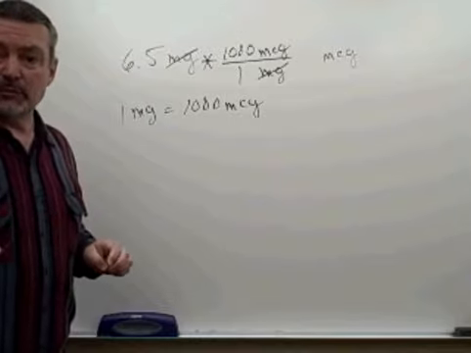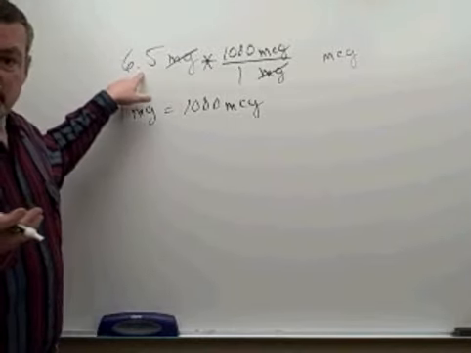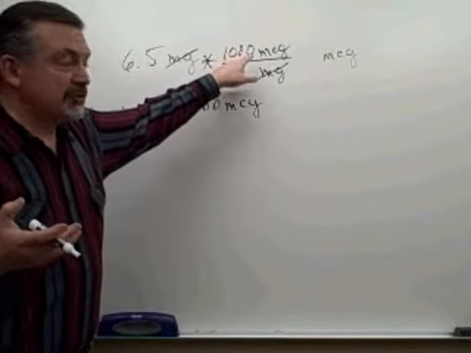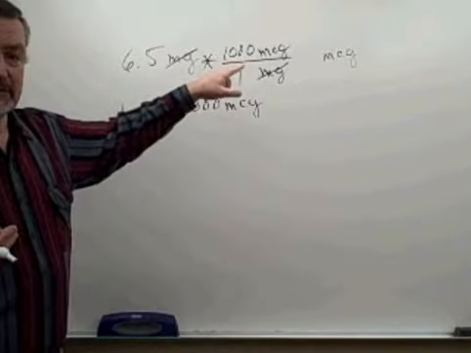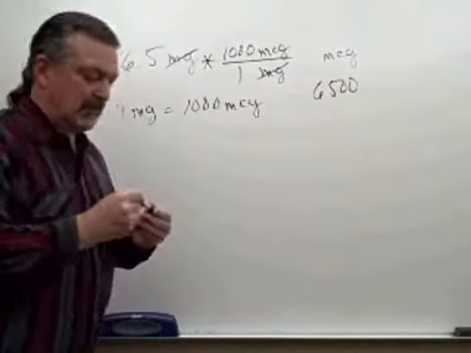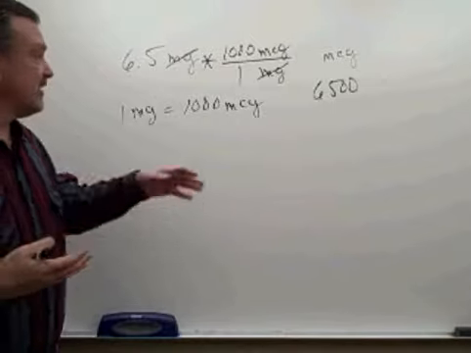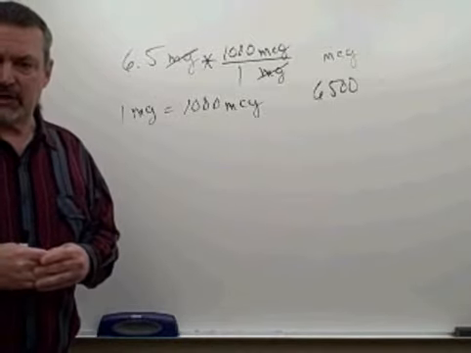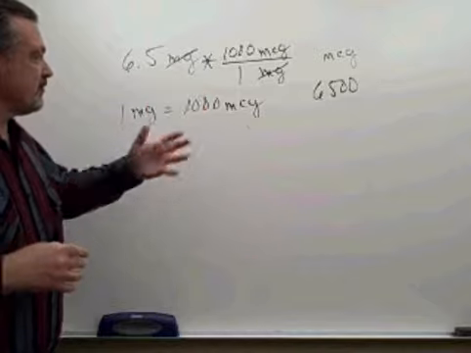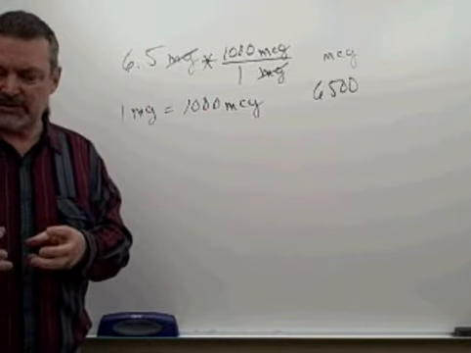And remember, when you multiply by a number like 1,000, all we do is move the decimal point 1, 2, 3 places to the right. So 6,500 micrograms is measuring the same amount of weight as 6.5 milligrams. So there's our first example of a conversion within the metric system.